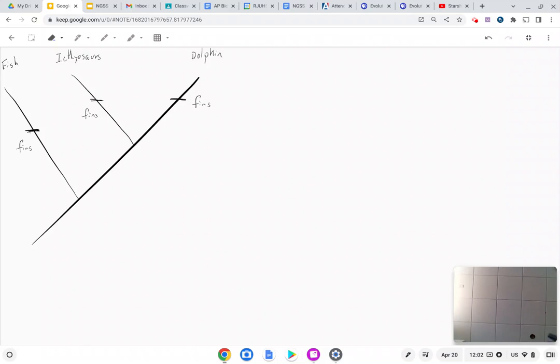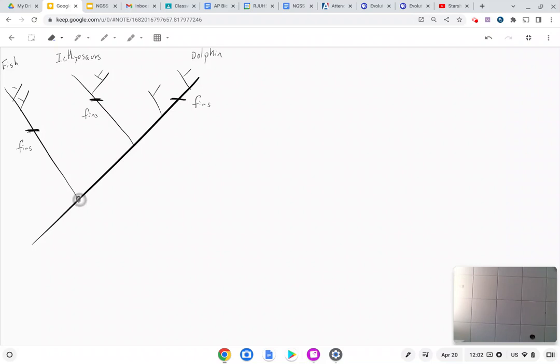And so we also had all kinds of other evolutionary events going on, different speciations and things. But there's a lot more on this tree. What I'm trying to show you is that fins here evolved independently 3 different times.